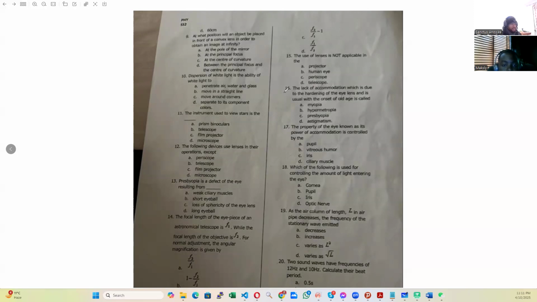The lack of accommodation, which is due to the hardening of the eye lens and usually comes with the onset of presbyopia. The power of the eye, known as its power of accommodation, is controlled by the ciliary muscle.